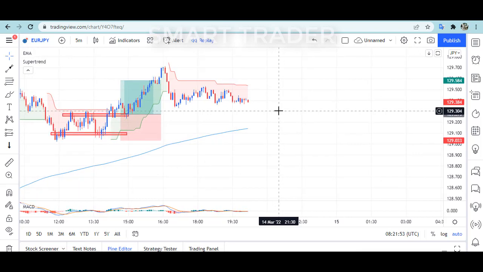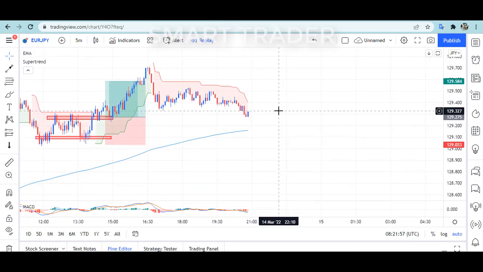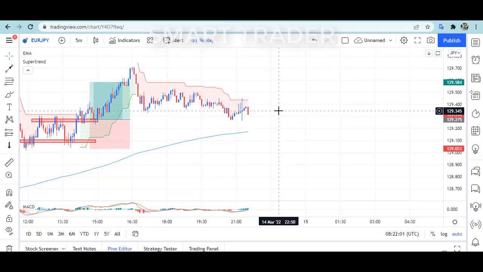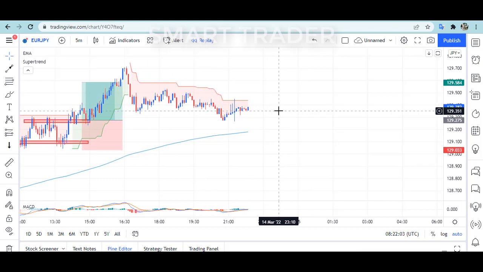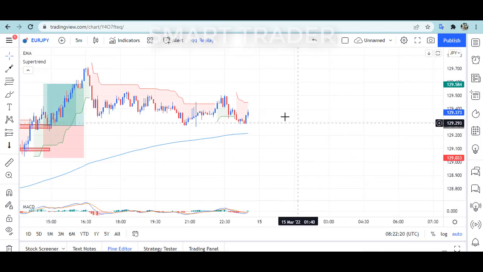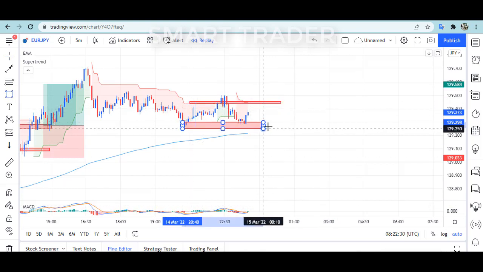Define the trading range, wait for the market to break out of the trading range, and also define a MACD signal. I hope you can see the trading range on the chart, defined by this range high and this range low.